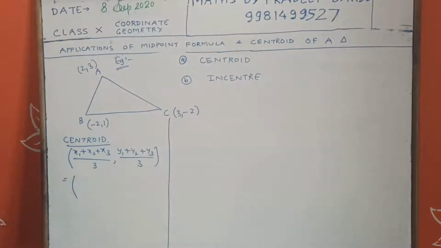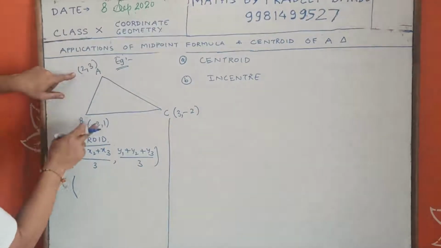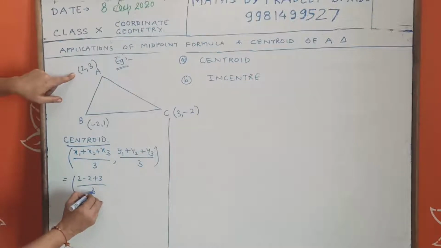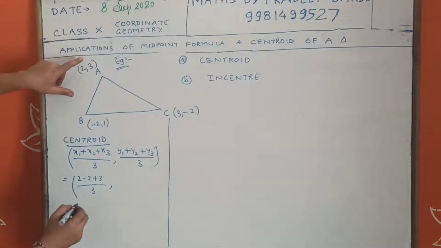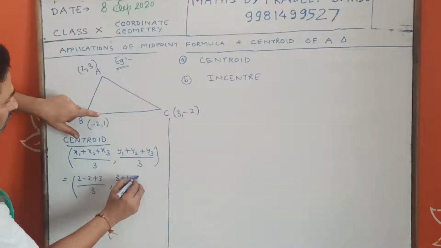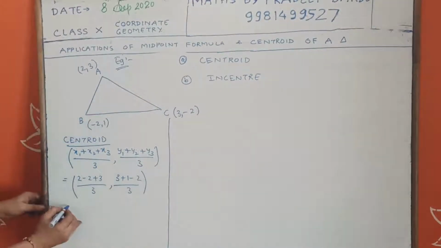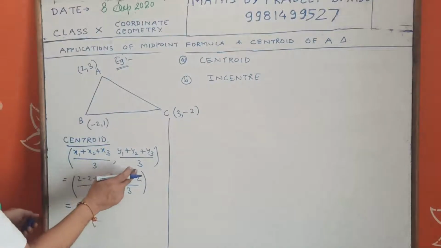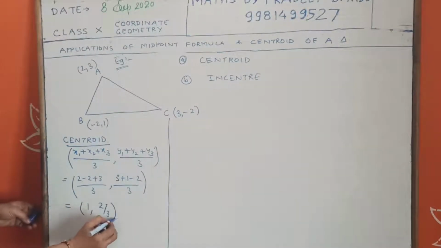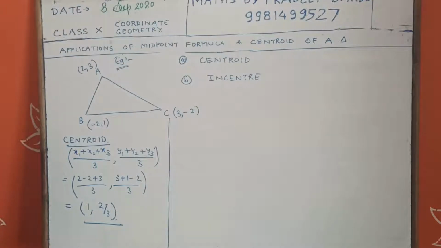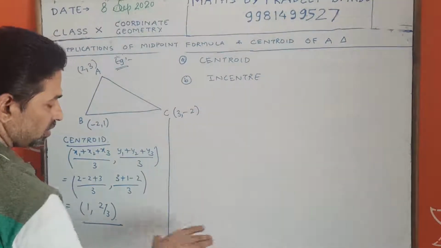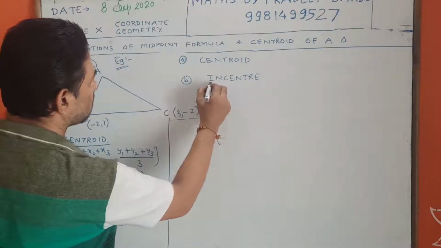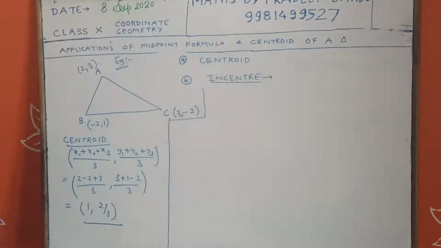So the centroid of this triangle will be (2 minus 2 plus 3 upon 3, 3 plus 1 minus 2 upon 3), and that comes out to be 3 upon 3, that is 1, and here 4 minus 2, that is 2 upon 3. So these are the coordinates of the centroid of the triangle. Very simple one.